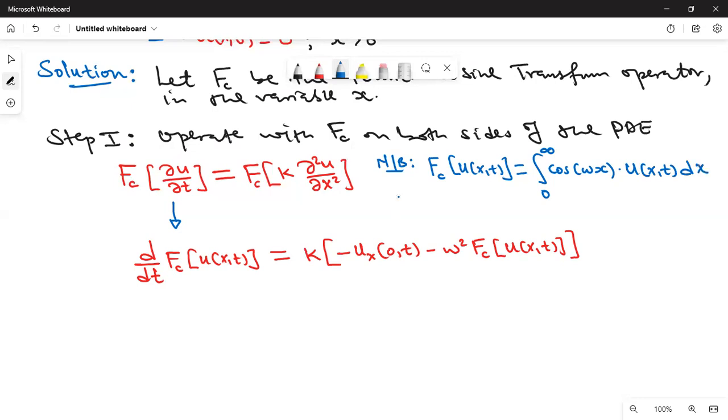That is the definition of the Fourier cosine transform of a function.